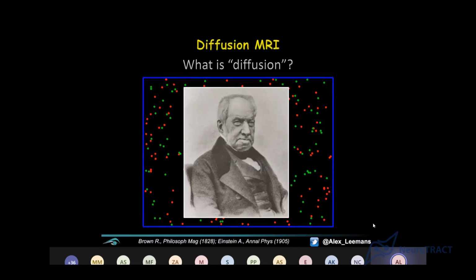Obviously, I was talking about a drop of wine in a glass of water, but the same principle holds for a drop of water in a glass of water. You don't see it, but it is going on. So it's called self-diffusion. Water molecules in a glass of water are also moving around. It's not static, right?